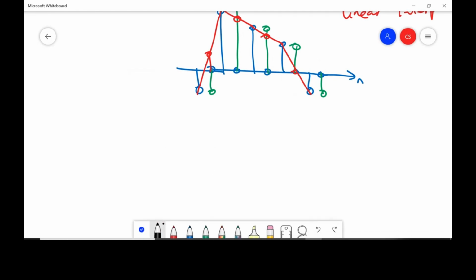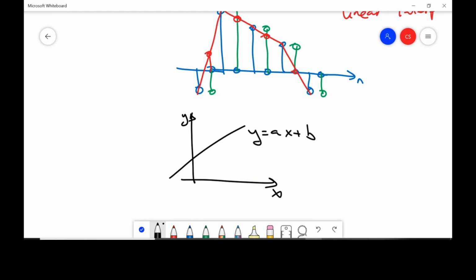Let's say that we have x, y, and we have a line. You know the equation of a line is something of this form, ax plus b. But I can rearrange this and say ax minus y equals minus b, right? Do you agree?